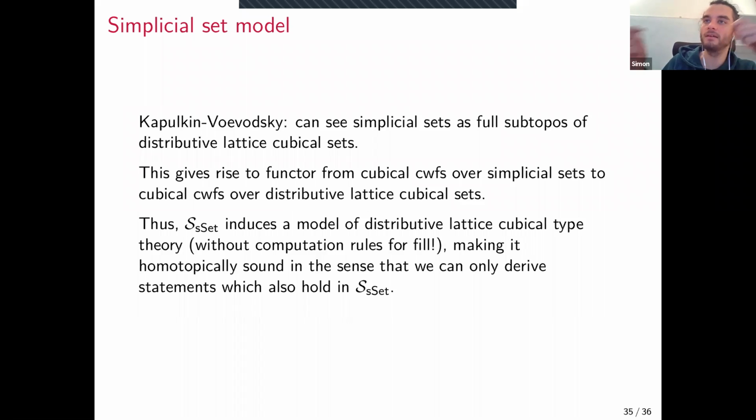Then you can get a cubical CWF over this cubical set structure, and hence this model from before induces a model for this distributive lattice cubical type theory, where we don't have these computation rules for the filling. This is also kind of an argument that if we have the corresponding cubical type theory, we cannot prove a wrong statement, because it will also hold in the simplicial set model. That's maybe something nice to know.